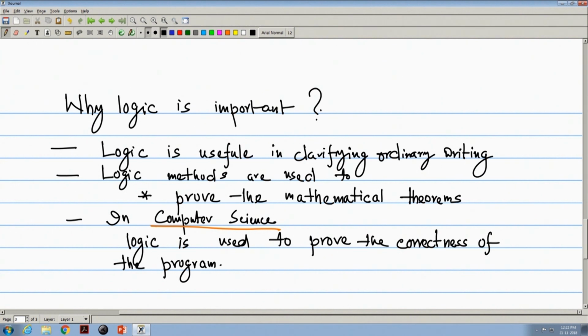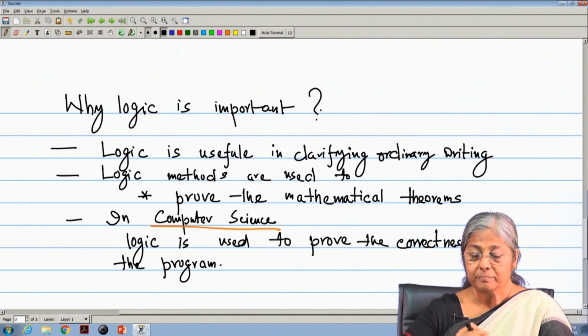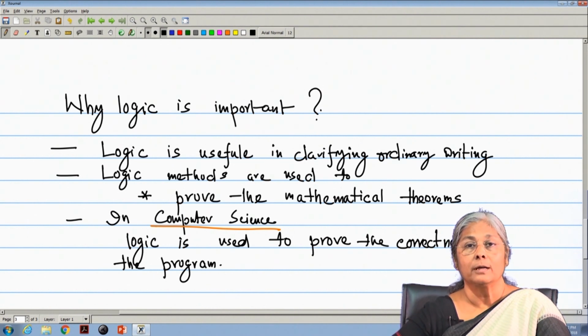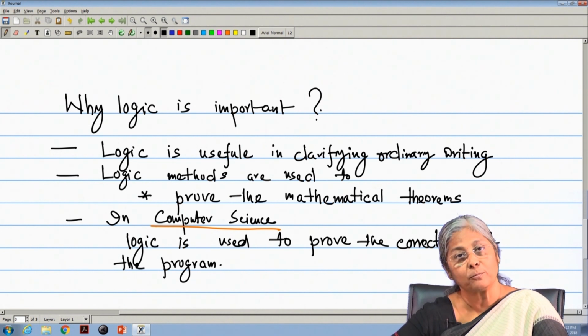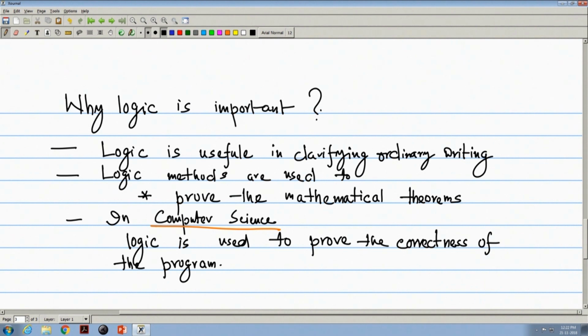What do we mean by the correctness of the program? We have to show, or prove, that the program is doing what it is supposed to do, or what it is alleged to do.